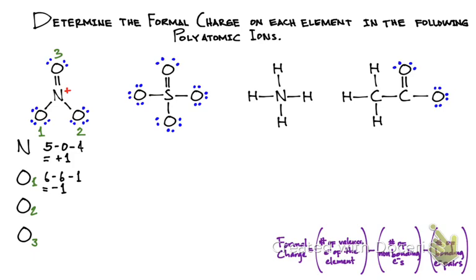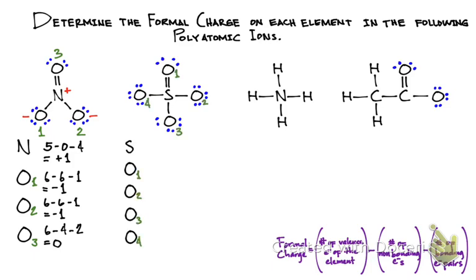So that oxygen at the bottom, again, is the same as the oxygen on the right, and they both have a negative 1 formal charge. And finally, the oxygen up top, labeled 3, it's got 6 valence electrons minus 4 non-bonding electrons minus 2 bonding pairs, gives us 0. So the one up top has 0 formal charge.